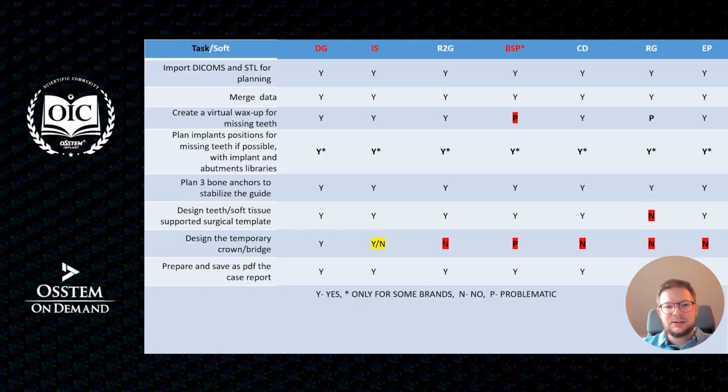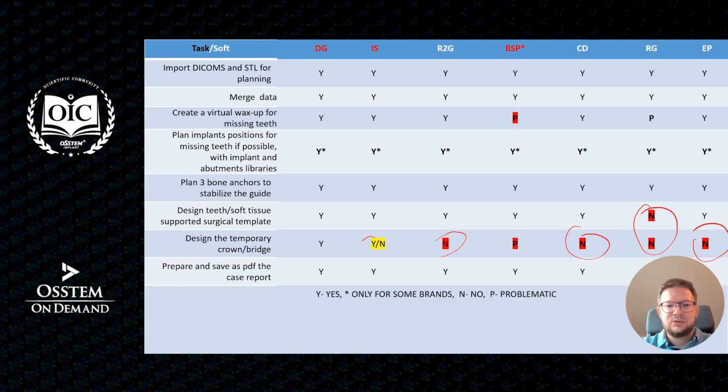And when we check the tasks and the possibilities, it's not so colorful then, and we have some places which are not available at all in the software, and it is mostly designing of the temporary prosthesis or bridge.